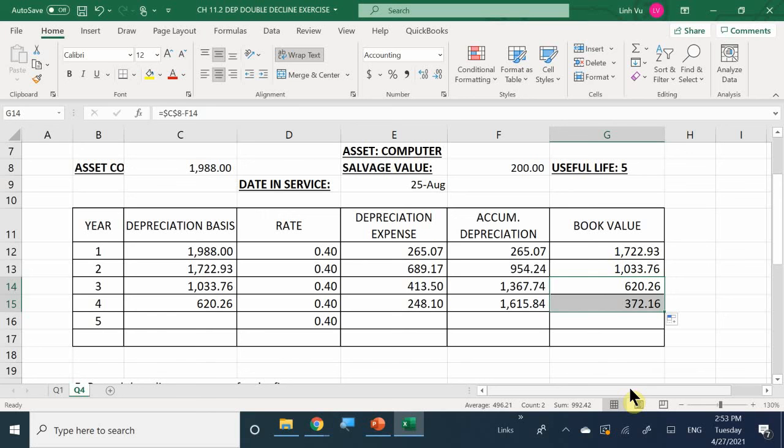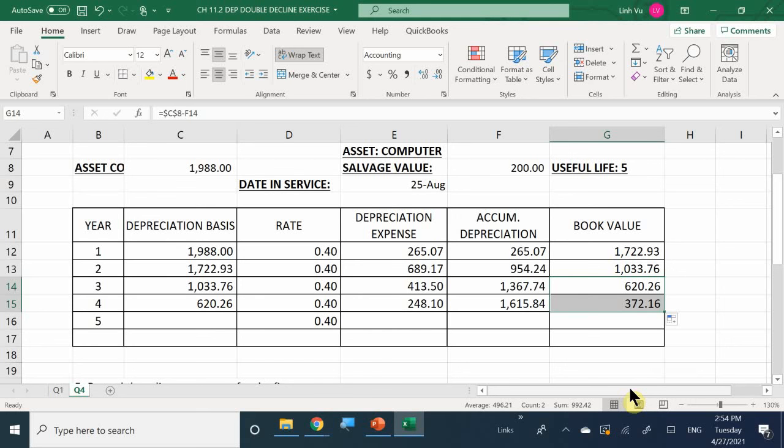So I think you probably added, Nicole, because you got 372.60. Cost of asset minus accumulated. Yeah, maybe I added instead. Okay, so good. All right.